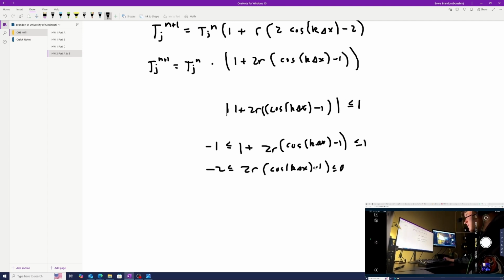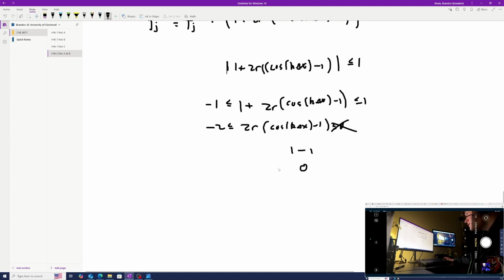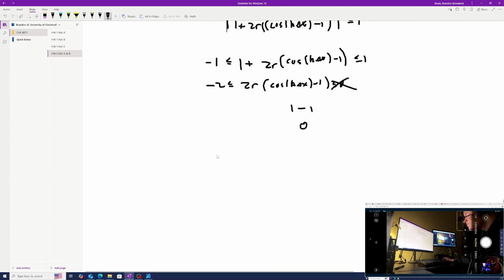And because the maximum value of our cosine function is 1, we get 1 minus 1, so the maximum we could ever get to is 0, meaning we don't have to worry about this right side of the equation. So that leaves us with minus 2 is less than or equal to 2r times (cosine k delta x minus 1).